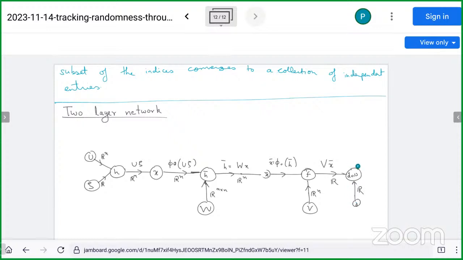And then of course there is the loss. What is the notation I was using? That's the loss.